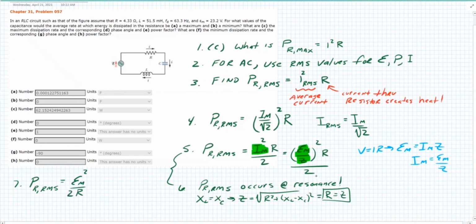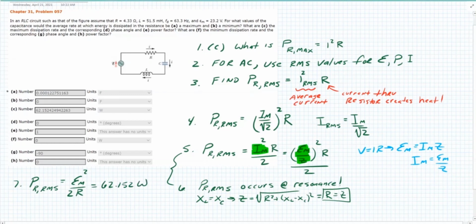I almost forgot the 2. Okay, so let's plug that in. All right. Watts.